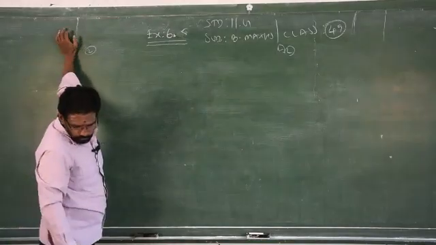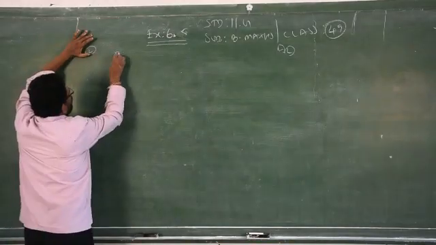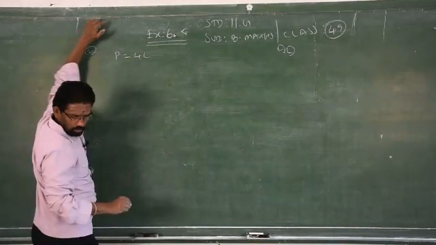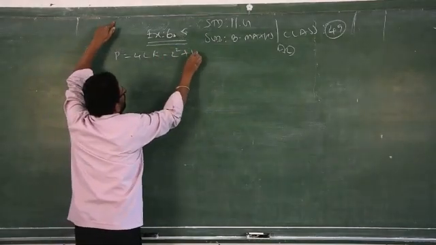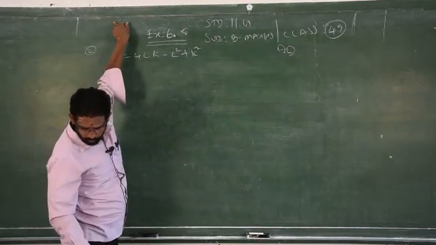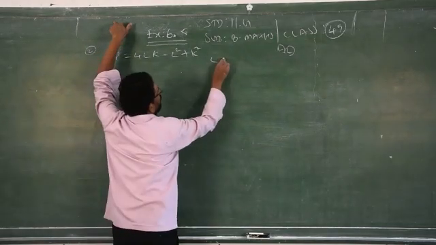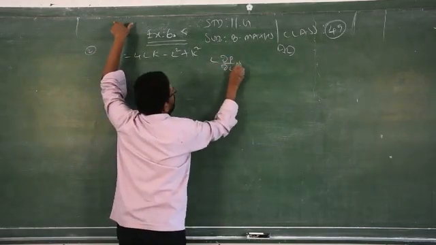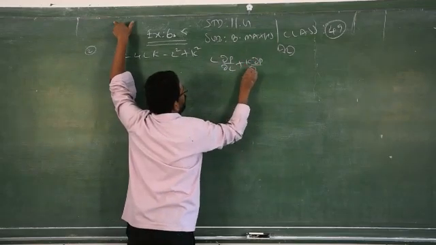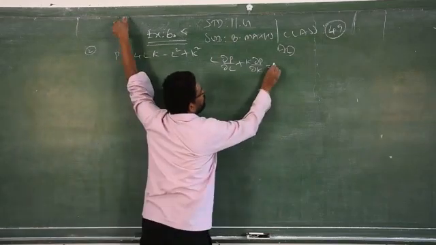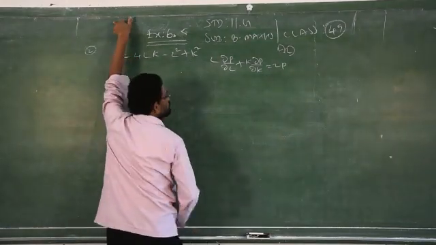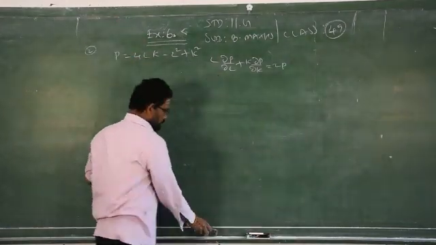Sum number 2, P is given as 4LK minus L square plus K square. Prove that L dou P by dou L plus K dou P by dou K is equal to 2P. You are asked to show the result, like Euler's theorem.